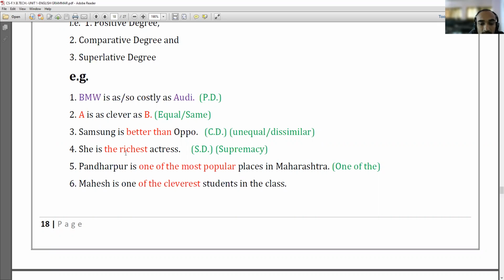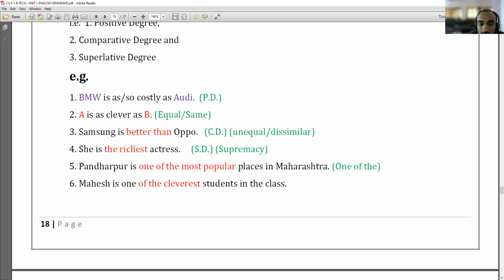The fourth one is she is the richest actress. Here we have used superlative form, and it shows the supremacy. So what would be its meaning? She is the richest actress. Tell me. ती श्रीमंत अभिनेत्री आहे. ती श्रीमंत नाही, ती सर्वात श्रीमंत अभिनेत्री आहे. ओके, सगळ्यात जास्त श्रीमंत अभिनेत्री आहे.